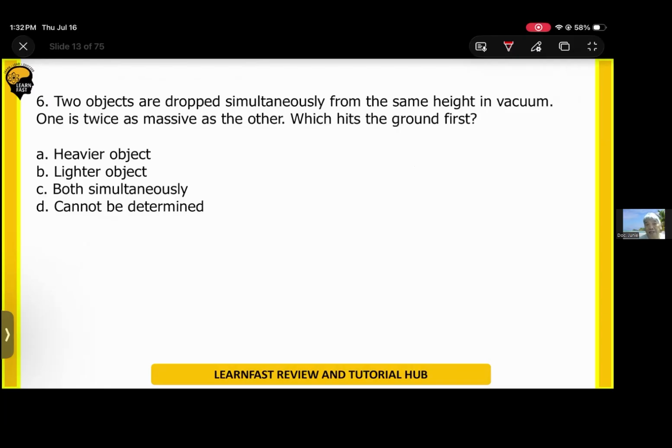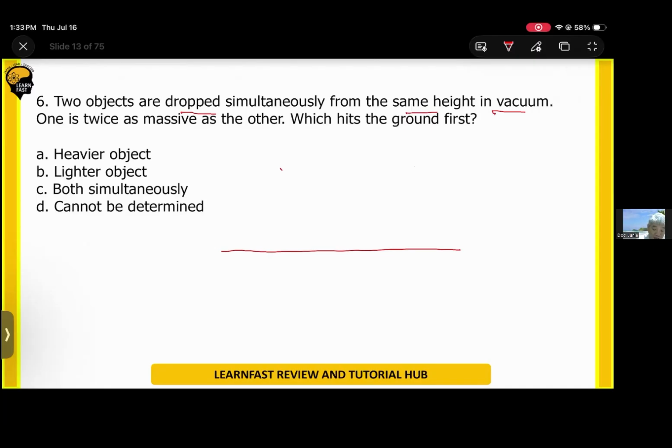Then let's have number 6. Two objects are dropped simultaneously from the same height in vacuum. Okay, so let us have an illustration. It was stated that one object is twice as massive as the other.